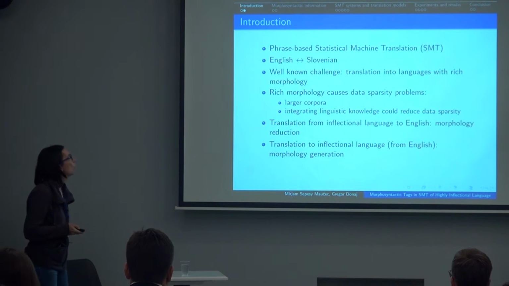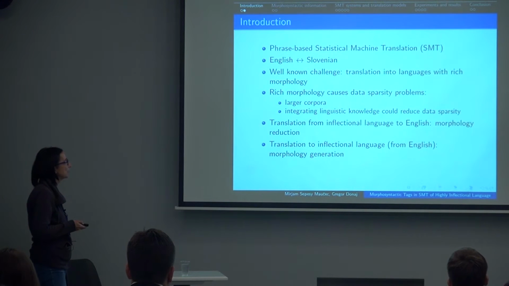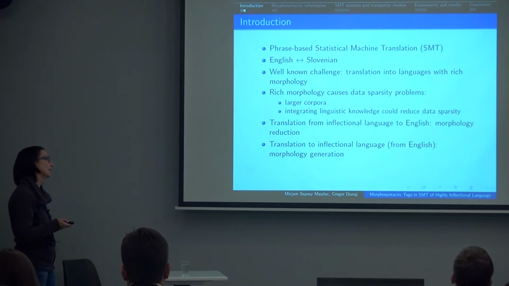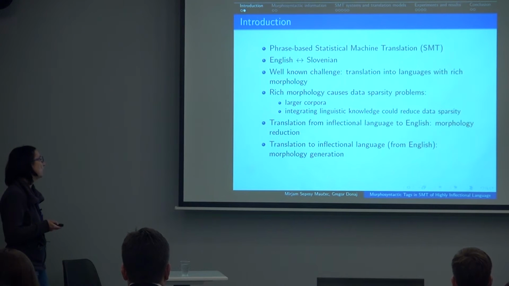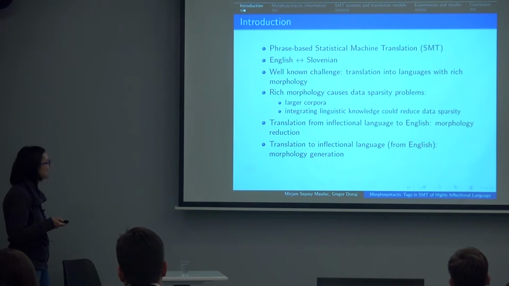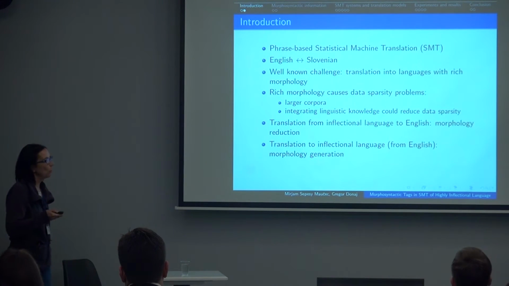So our core approach was phrase-based statistical machine translation, although neural networks have recently appeared as a promising approach in machine translation. But we base our research on phrase-based statistical machine translation, where the basic unit is a data-driven phrase, and the best translation is produced by a log-linear model composed of different feature functions.